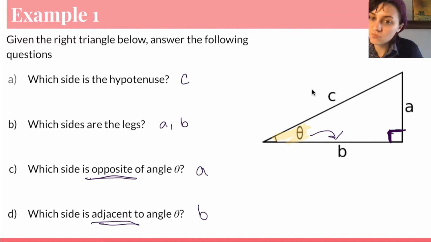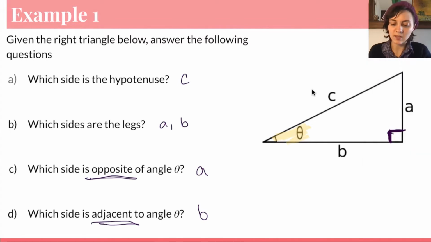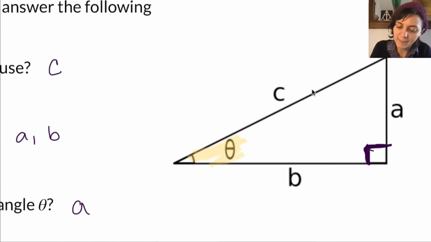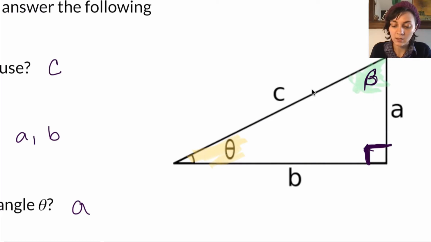Okay? I think it's really important for me to know that the opposite leg and the adjacent leg change depending on which angle you're looking at. So in this example, we were looking at angle theta, but I see that there's another angle. I could call this angle beta. Okay. And if I asked you which side is opposite of angle beta, now it's all turned the other way.